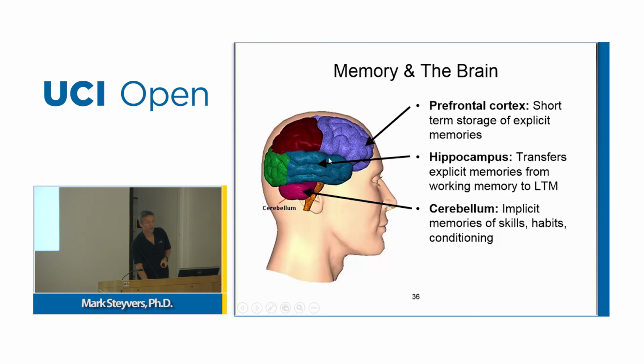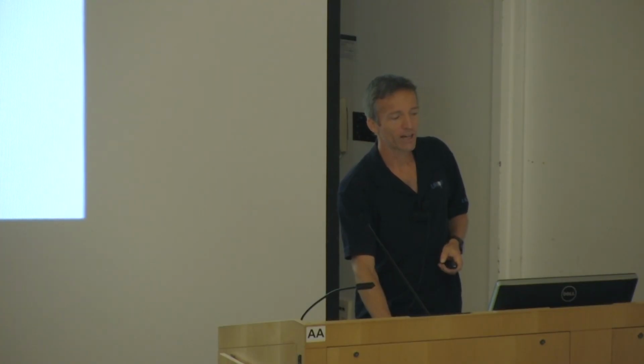The hippocampus is not actually the area you see here. It's lodged more deeply in the brain. It is needed to transfer your memories from working memory to long-term memory. And finally, there's a whole bunch of structures associated with implicit memory. It's the cerebellum, but also other structures where your memories of skills, habits, and conditioning are stored.